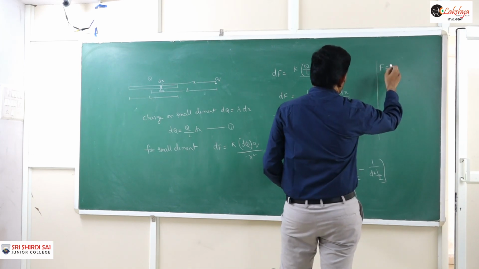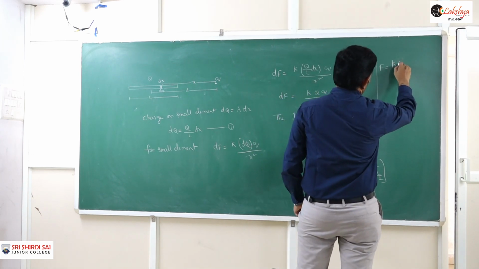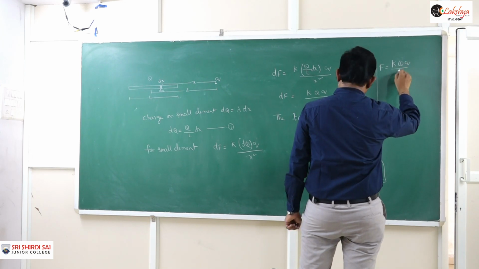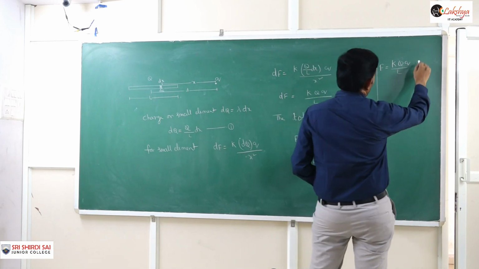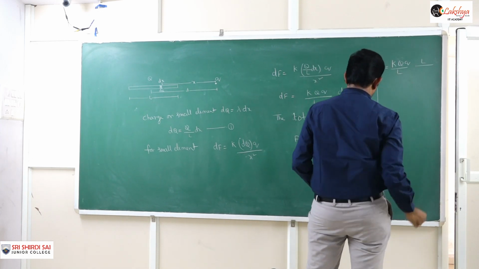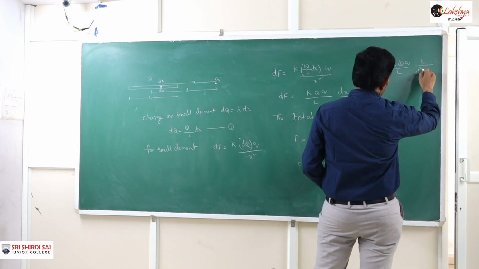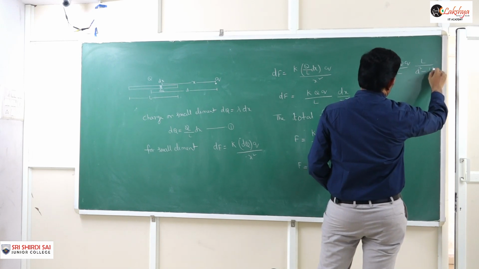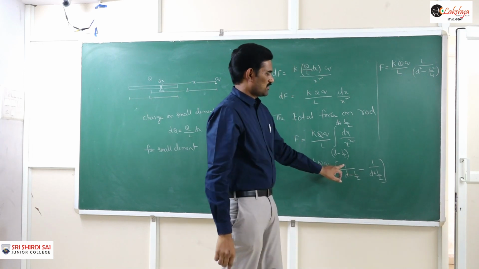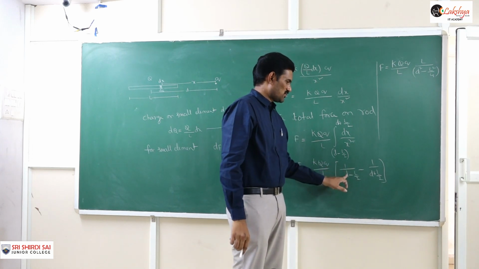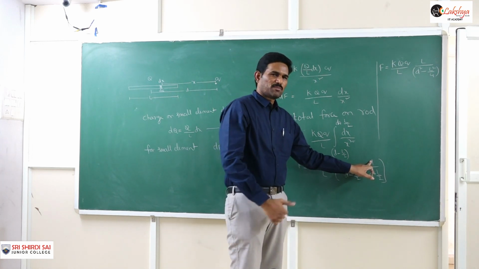If I write this simplification, q by L into, you can take the LCM now, you will get L by d square minus L square by 4, right? If I take the LCM here you will get d plus L by 2 and here minus d plus L by 2.